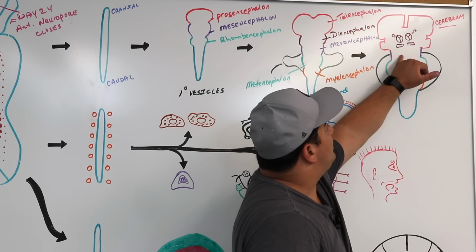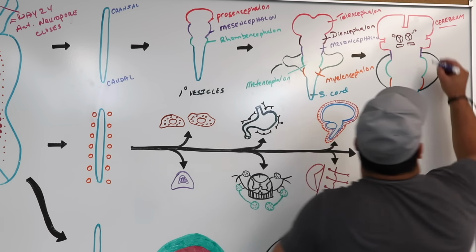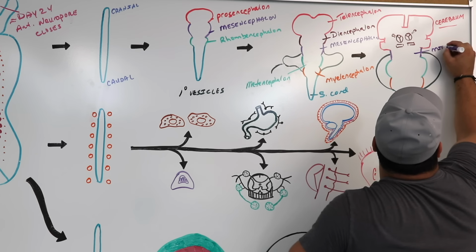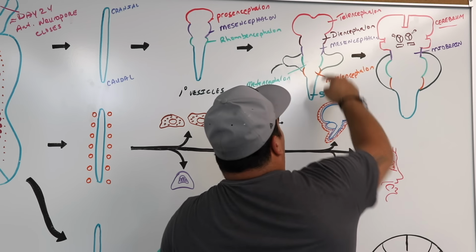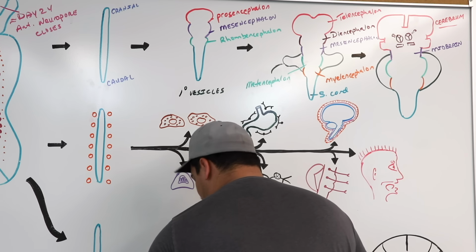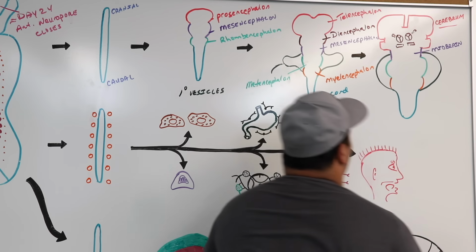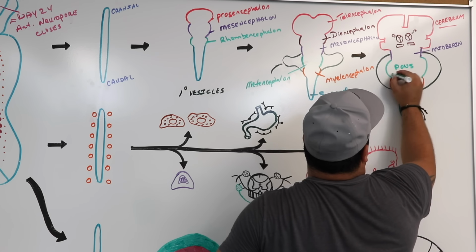Then you have your mesencephalon. What did I say that's going to become? The midbrain. So midbrain. And then the rhombencephalon is going to become two structures, right? We said that that's going to become what two? This green one here is going to become the pons.